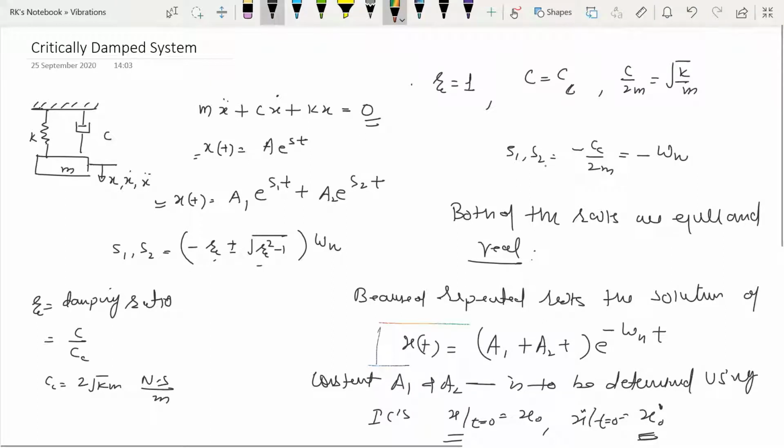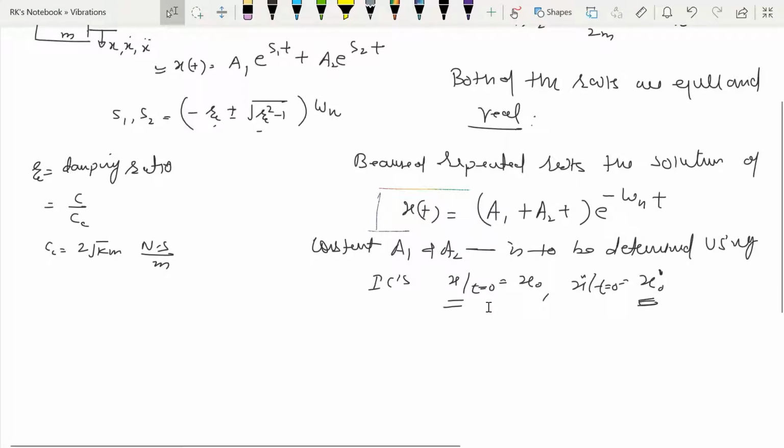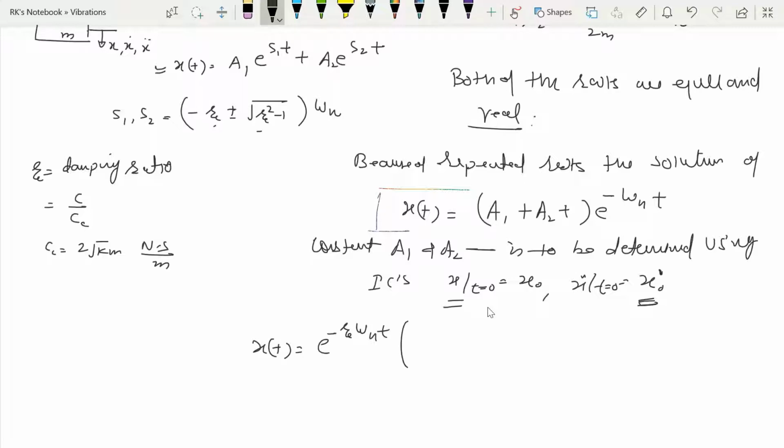This equation can also be obtained using the response from the last lecture: x(t) equals e raised to the power minus zeta omega n t, times a1 cos of square root of 1 minus zeta square times omega n t, plus a2 sine of square root of 1 minus zeta square times omega n t.